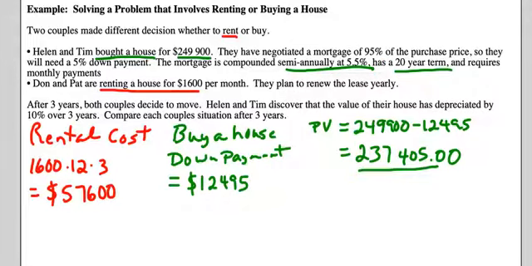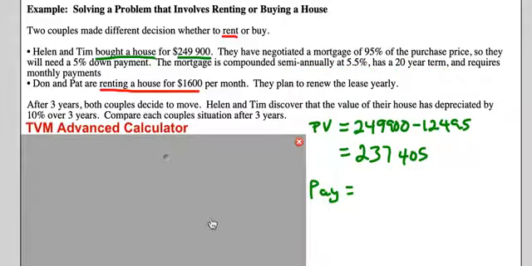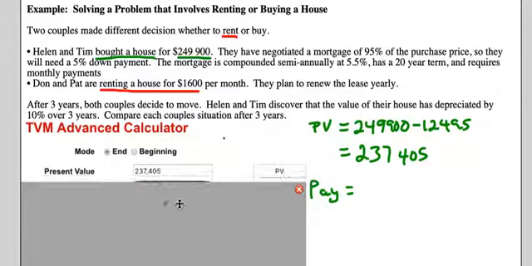So what do we do? Well, we pull out our calculator. I like the TVM advanced calculator. That's part of the FN financial calculators. And we know that the present value is $237,405. Now we don't know what the payment is, and we want the future value to be 0.